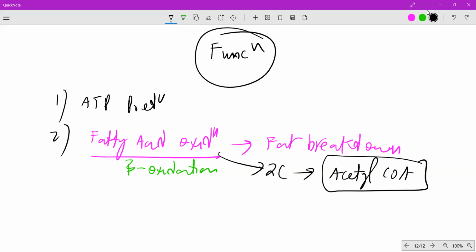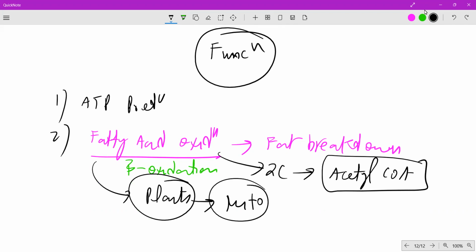when the plants, the fatty acid oxidation will take place, tell me. Bolo. Plants. The answer should be same. In plants also, we have mitochondria. This is half the answer. Mitochondria is right, but we know this is half the answer.